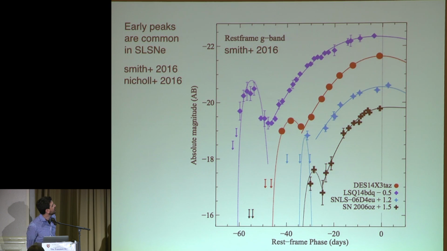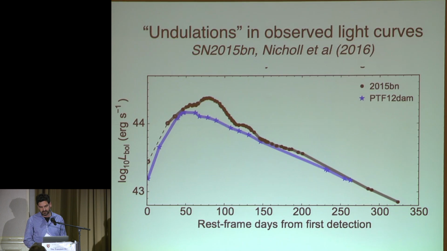Whatever the explanation, it has to be fairly robust. I mean, we see these peaks in most supernovae where people have looked early enough to try to see something. It varies in its prominence, but there seems to be some sort of early peak in most of these things. So that's some hint of some mechanism that has to be arranged in most cases.